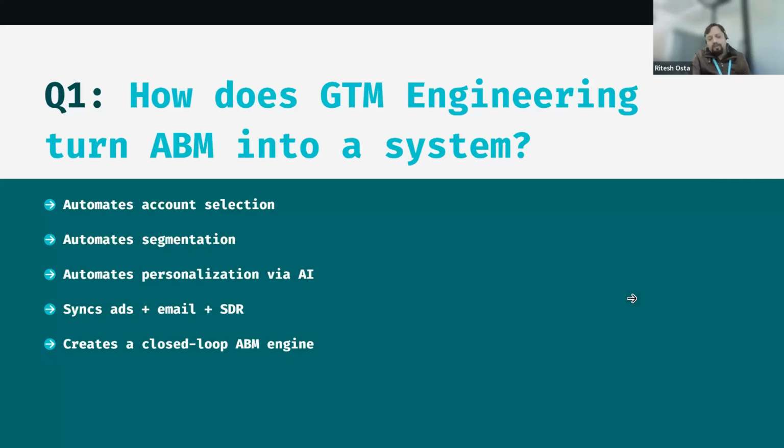Then I can put this prompt into a Clay agent or a HubSpot agent or any system that you're using, or even LinkedIn Sales Navigator, and train the agent to look for those companies. So you can automate the account selection.